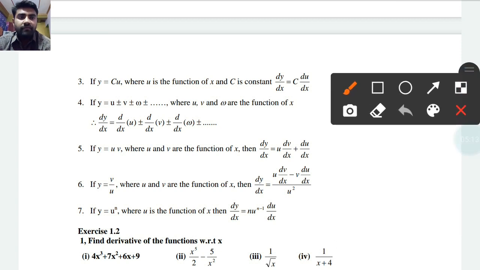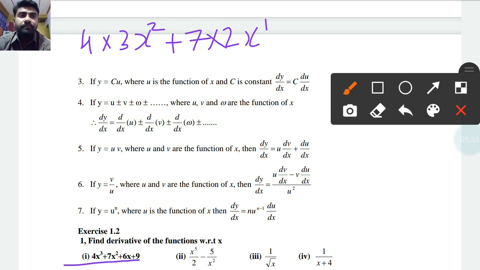Now we can find the first derivative of the function with respect to x. For the first term, 4 is constant, power ahead, power minus 1, so 3x square, plus 7 constant as it is, power ahead, power minus 1, plus 6x differentiation, dx by dx will be 1, as it is, plus 9.